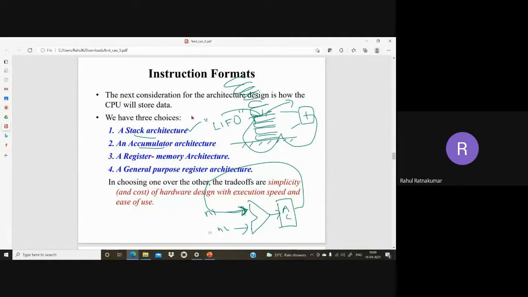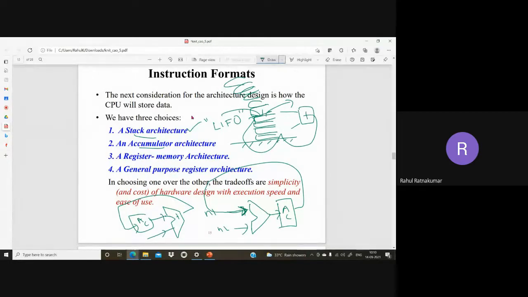It can be drawn like this or like this. This is your adder, and the result goes back to the accumulator, and the other operand can come from memory or a register. We'll see. Register-memory architecture we'll also see.